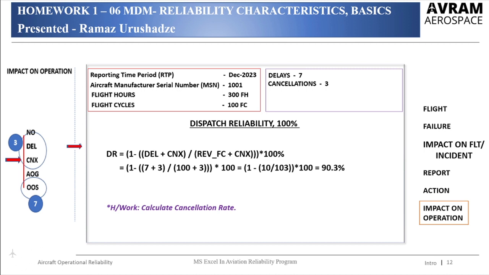I gave you very simple, very basic, very general aircraft operational reliability characteristics. Homework. We need to calculate cancellation rate. And we will find out the answer during our classes.